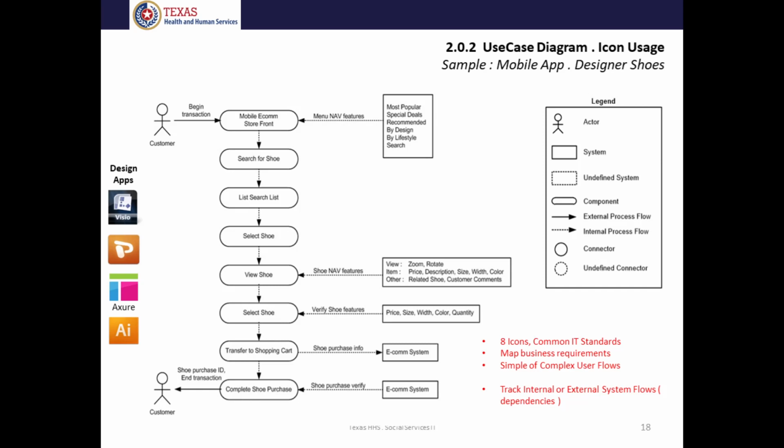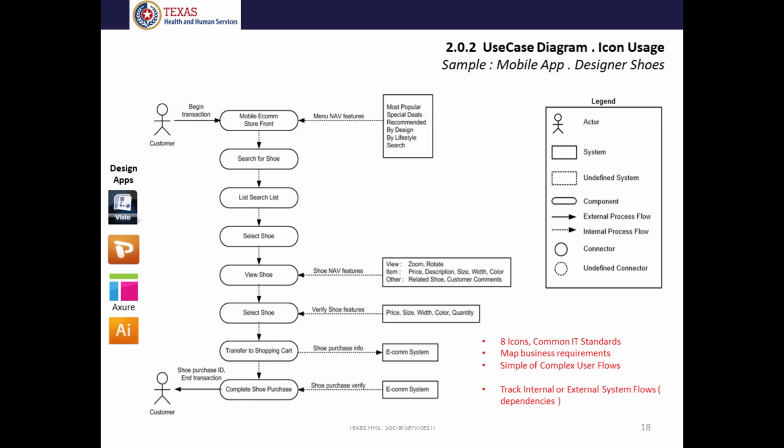Number 1, shoes are clustered by menu segments into most popular, special deals, by lifestyle, etc., which will take the customer directly to the shoes category. Or the buyer can simply conduct a search of desired shoes by color, brand, lifestyle, etc. Number 2, search results display in a list, which proceeds to number 3, the buyer selects a specific shoe.